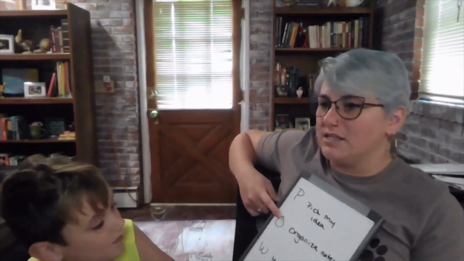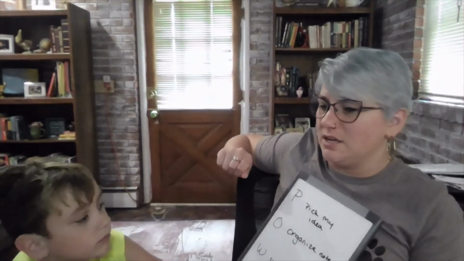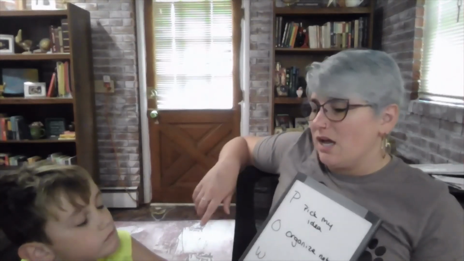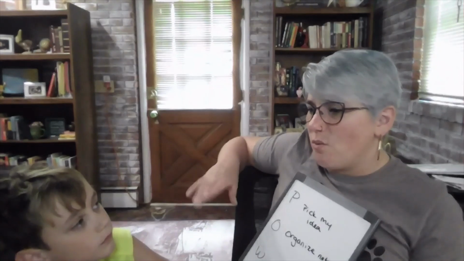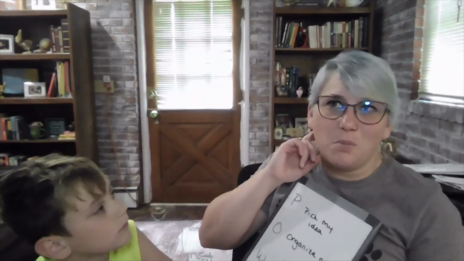So, organize. Got to organize notes. You said there are videos on it, so we can go through and reference those videos as we write about it. What are some other ways I could get information about Dylan's Candy Bar? I think they would have a website, right?